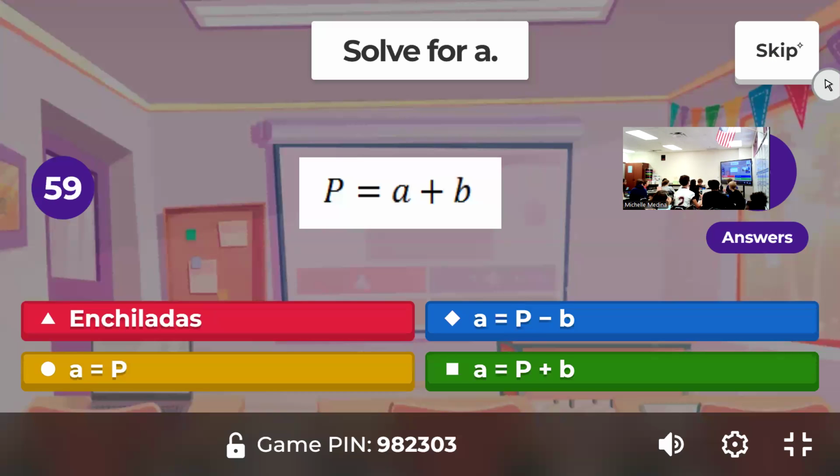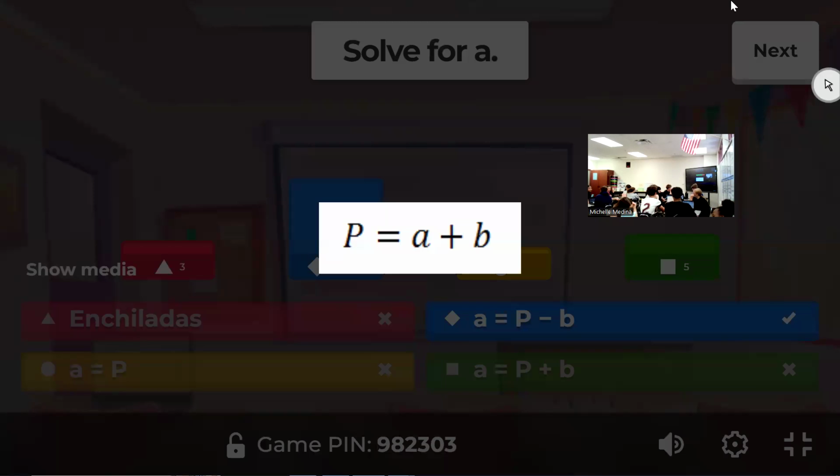So solve for A. B equals A plus B, solving for A. So this time we want what to be isolated?